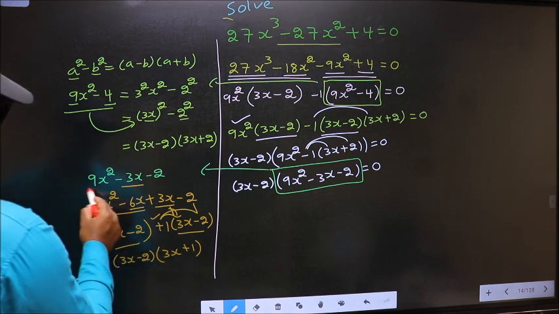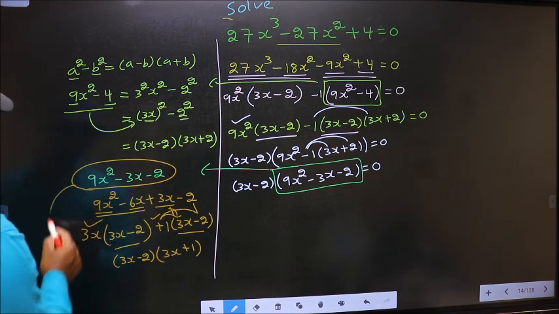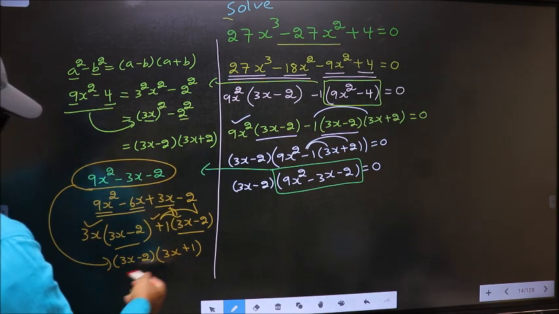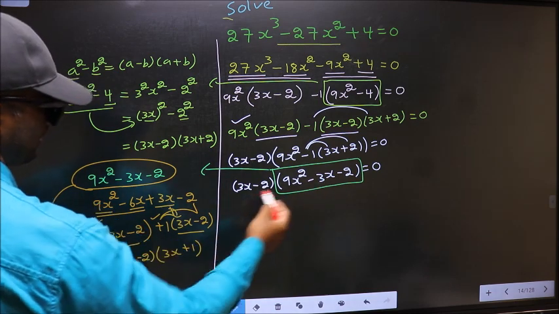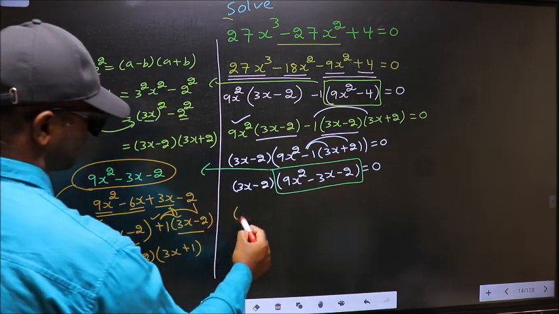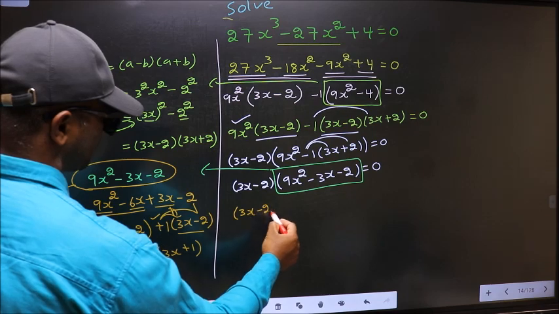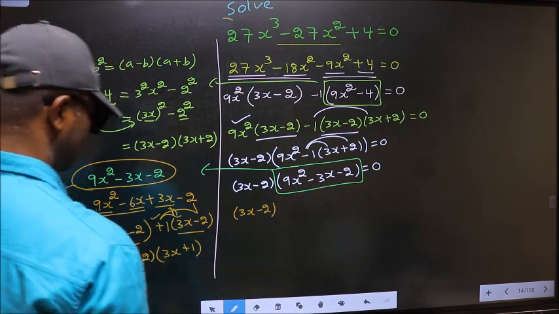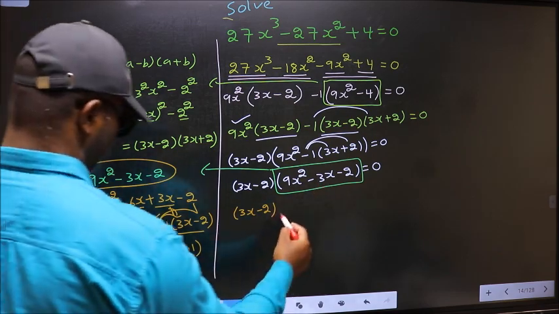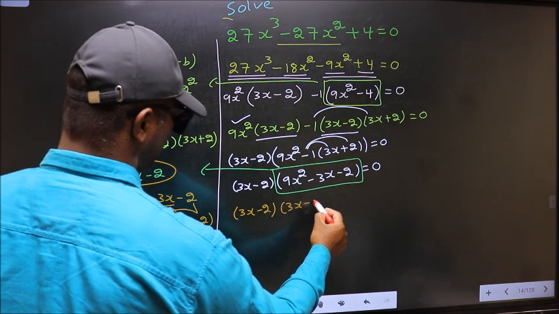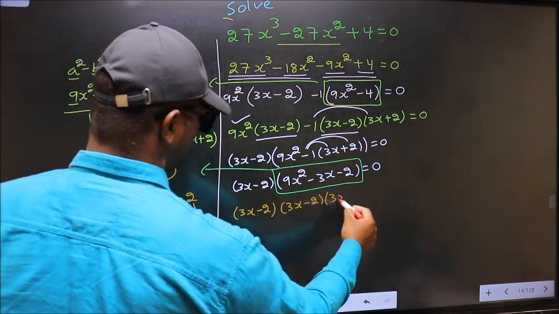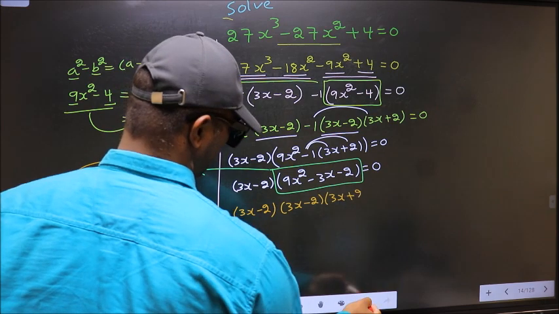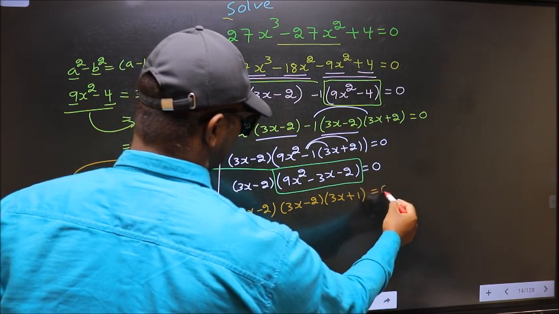Now in place of this quadratic, we should write this over here. So this equation becomes 3x minus 2, in place of this one 3x minus 2, 3x plus 1 equal to 0.